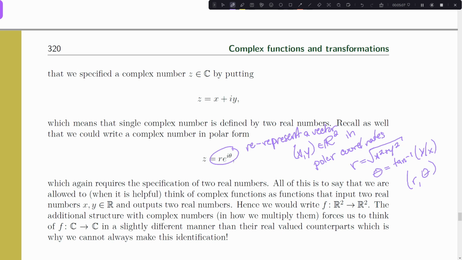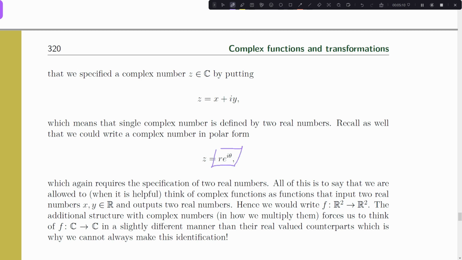Or when we get into complex numbers, we can actually refer to this as a single number, right? The same way that we have an operation of the first vector entry x with the second vector entry y, you have an operation of x plus iy. We can construct the operation with r's and thetas as a multiplication of r with e to the i theta. Let's recall really quick that e to the i theta is cosine theta plus i sine theta.